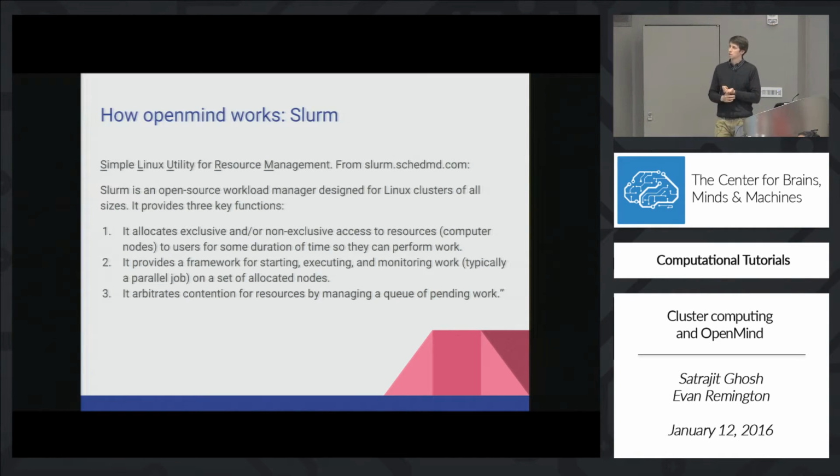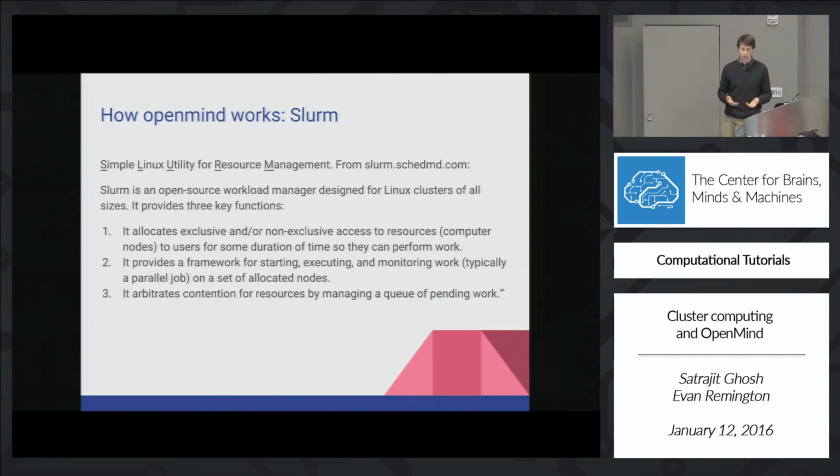It allocates exclusive or non-exclusive access to resources for some duration to complete tasks. It provides a framework for managing these tasks: starting, stopping, executing, monitoring on the nodes that they're running on. And it arbitrates between the different tasks that people want to run.